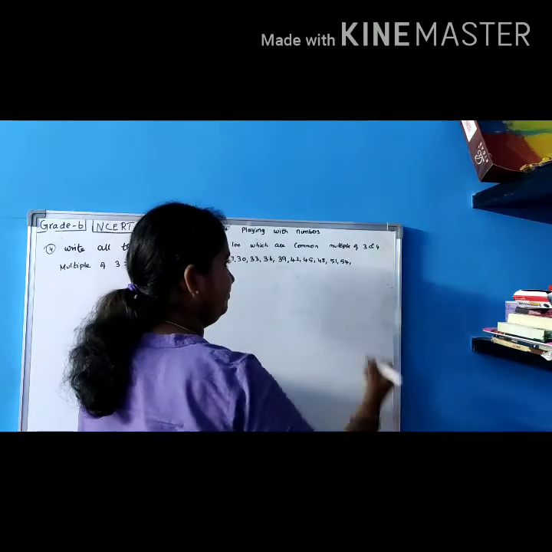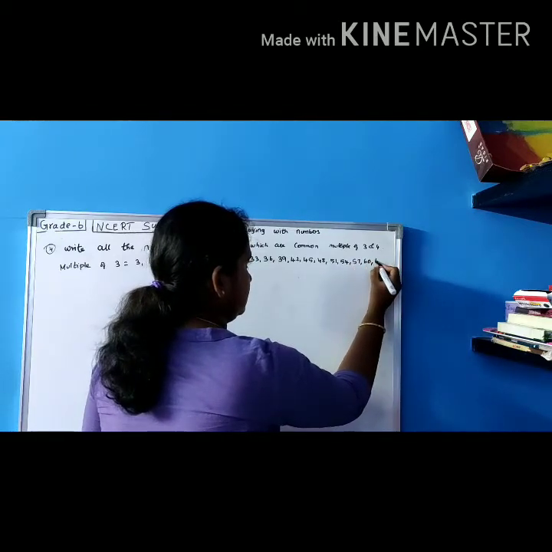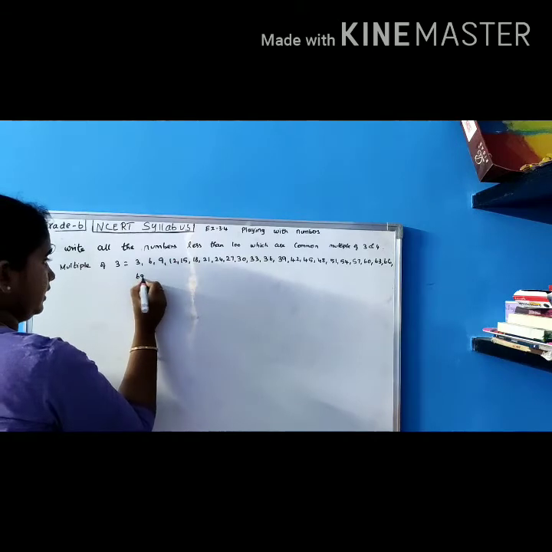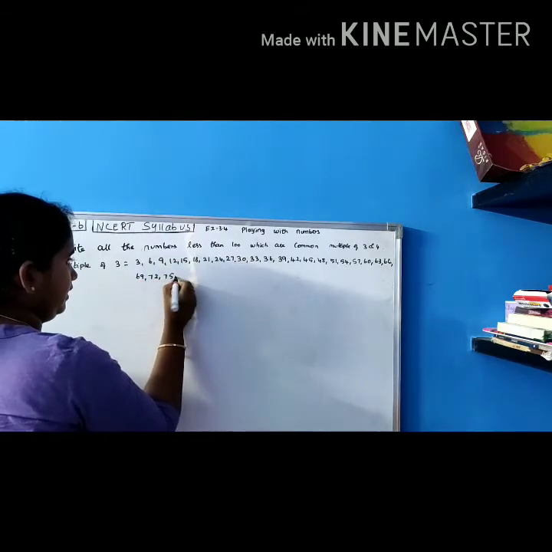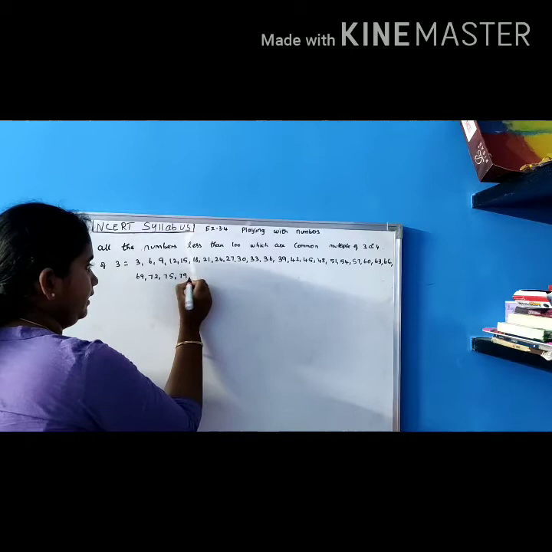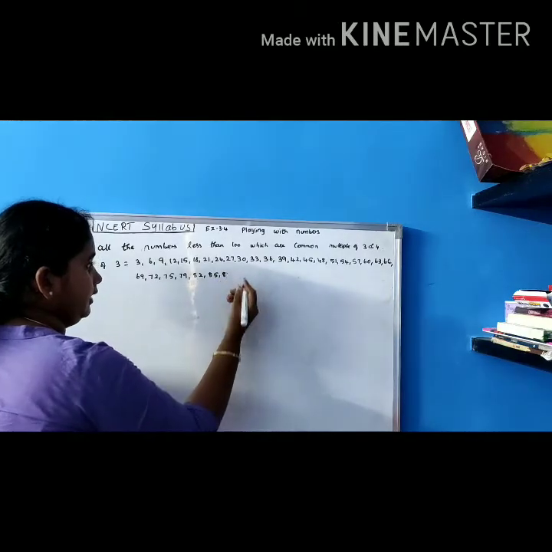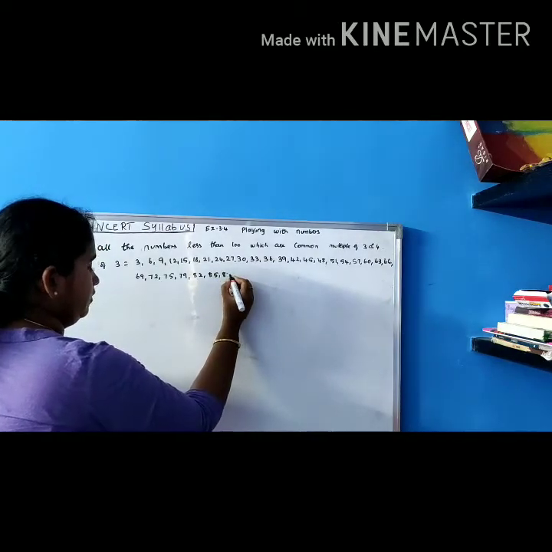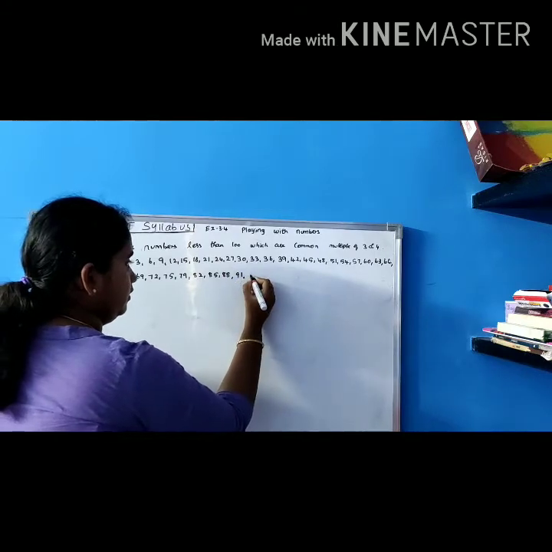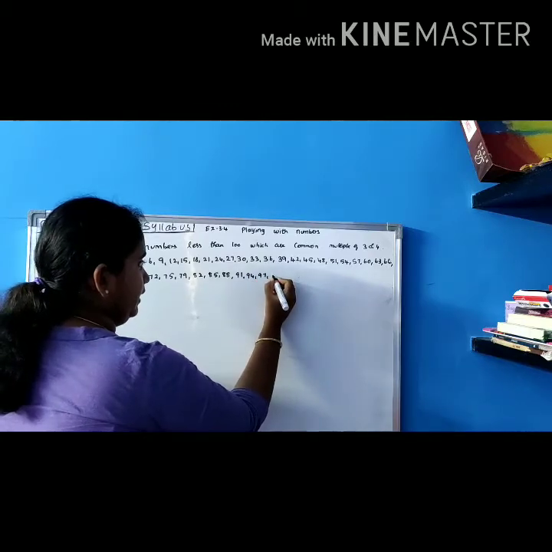Now only we crossed 50. 54, 57, then 60, 63, 66, 69, 72, 75, 78, 81, 84, 87, 90, 93, 96, 99.